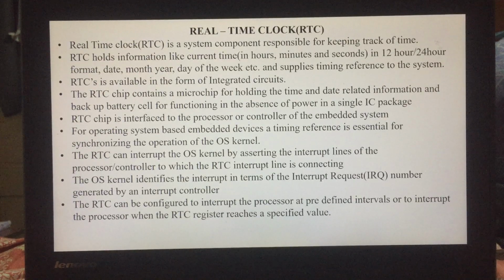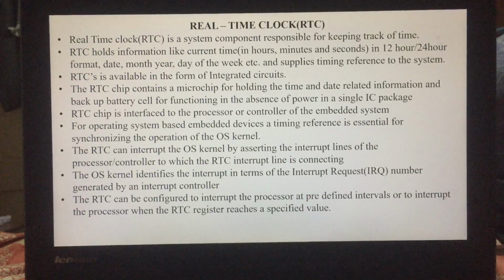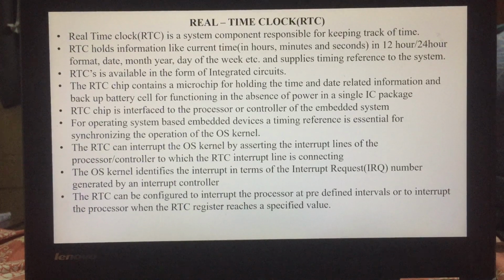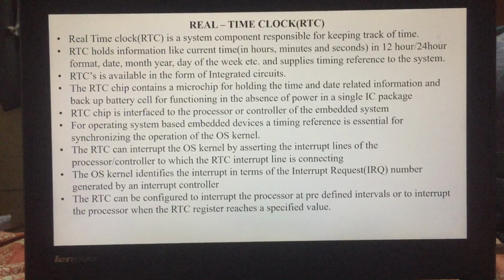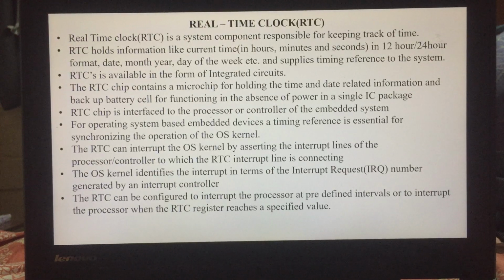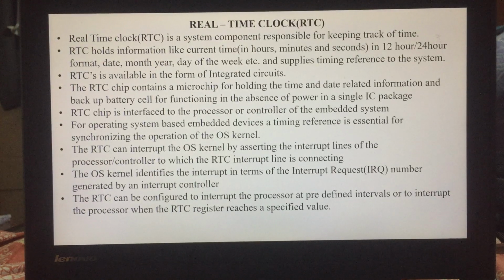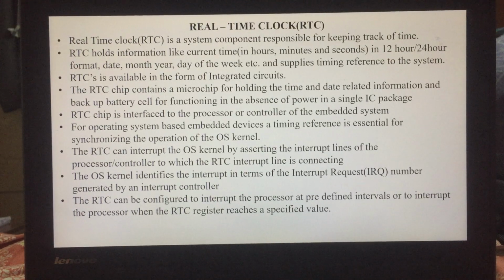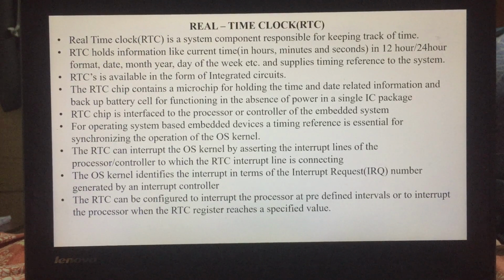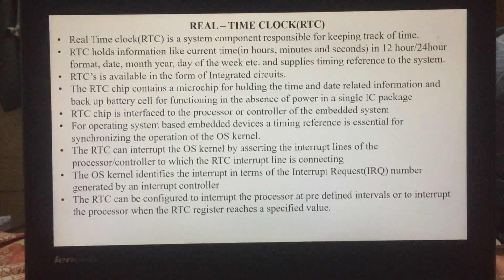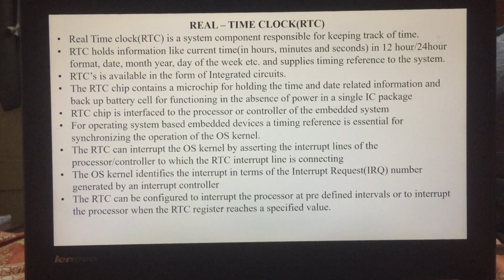For operating system-based embedded devices, a timing reference is essential for synchronizing the operations of the OS kernel. The RTC can interrupt the OS kernel by asserting the interrupt line of the processor or controller, and for this, the RTC interrupt line is connected to the processor or controller interrupt line.